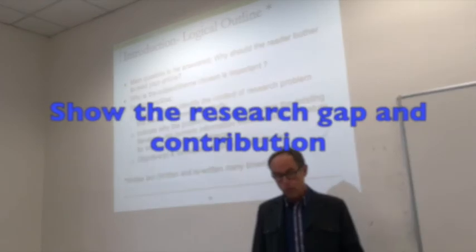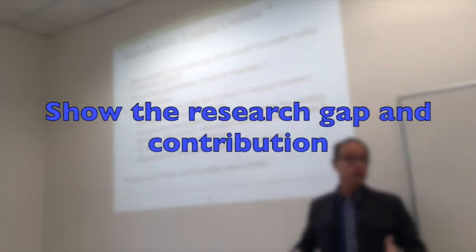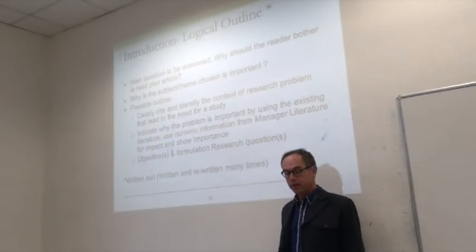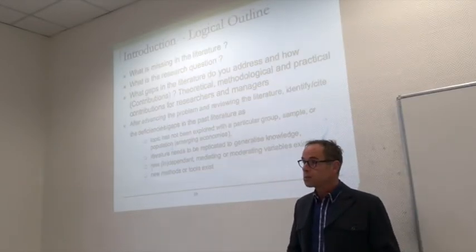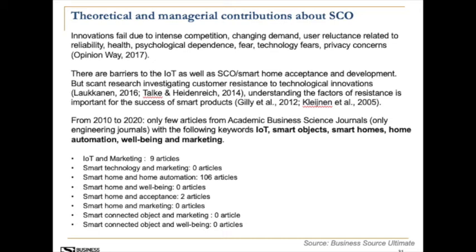And you have to clearly show what your gap is. The research question is actually how you close your gap. So what do you bring to the literature? You show what is missing in the literature. So you show the gap in the literature. To come back and take the example of our article about SEO and IoT, we introduce it as follows.